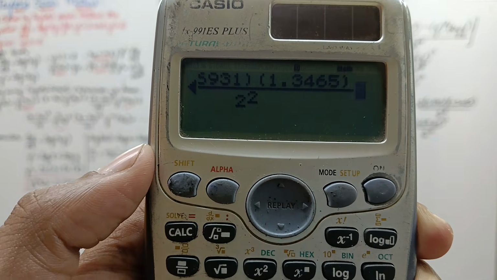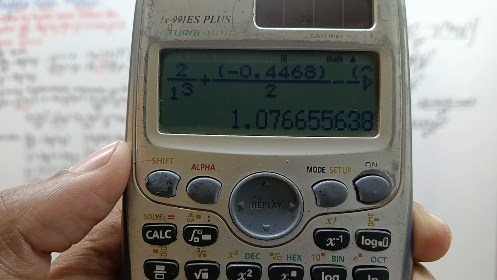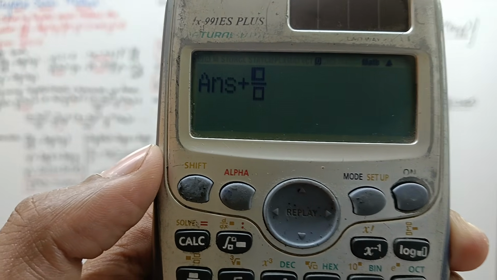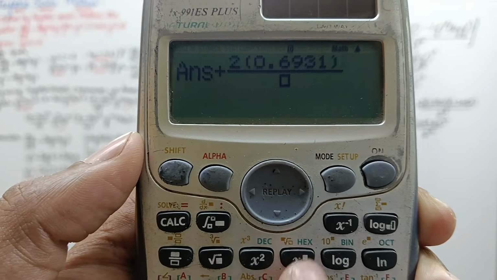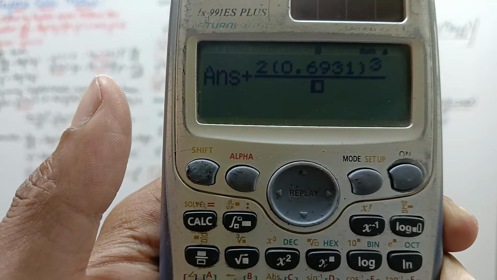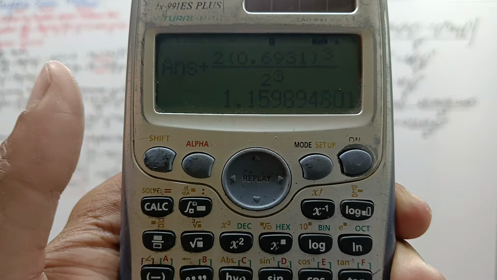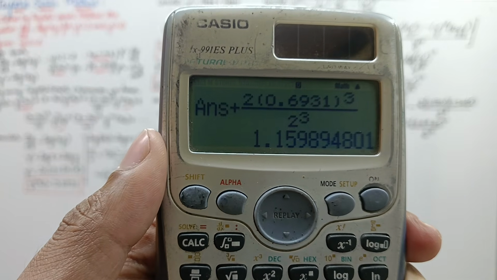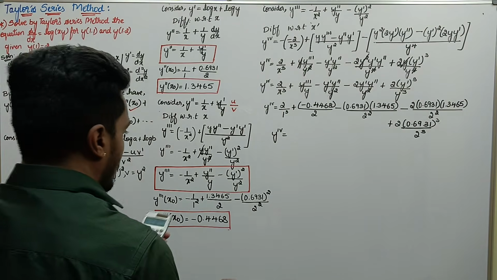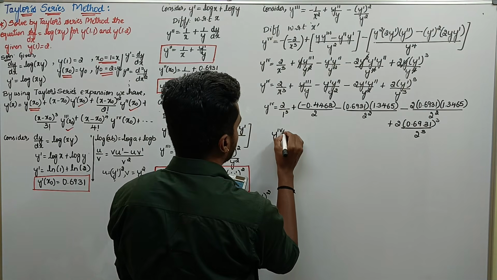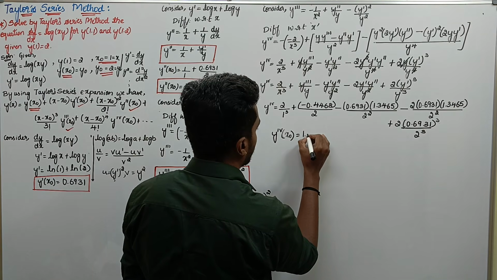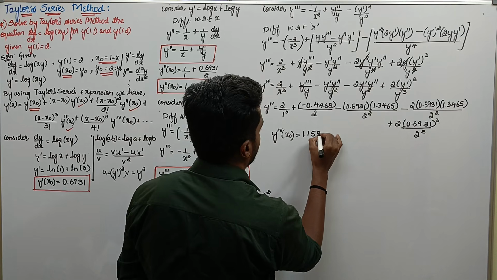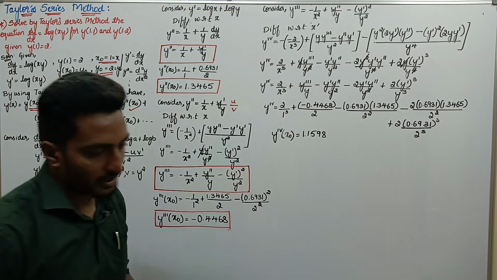Okay, if you get this one, press equals, plus the last term we have, again numerator denominator, 2 into 0.6931 whole cube divided by 2 cube. You get 1.1598. That is the 4th degree of x naught, x naught, which is equal to 1.1598. Got the point? Yes.